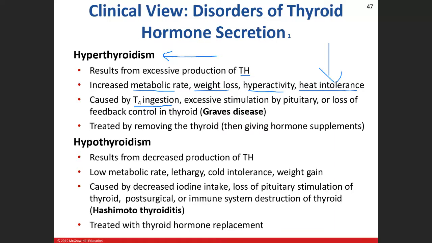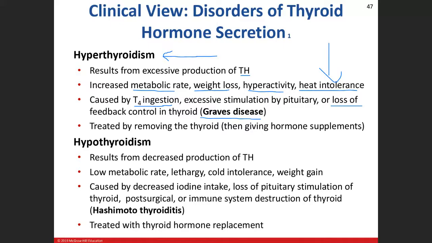You've seen it before. Or we just destroy our negative feedback system. And when we have that loss of negative feedback on the thyroid gland, that's called Graves' disease. Easy way to remember that is, if you lose that negative feedback, it's going to put you in the grave. I don't know. Someone told me that once, so I just remembered it.